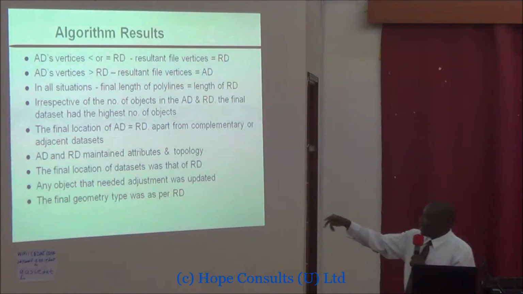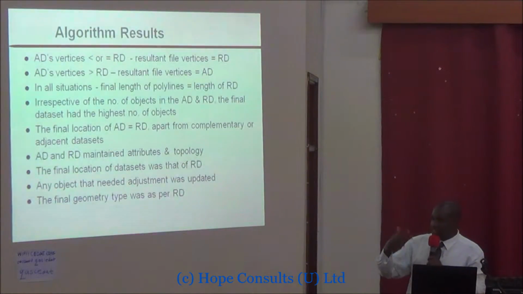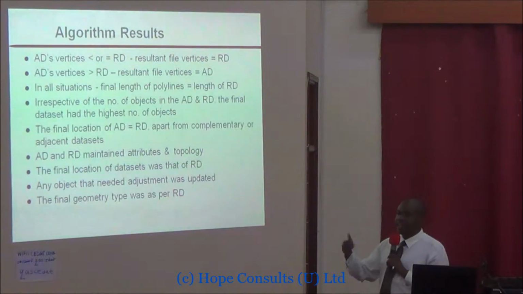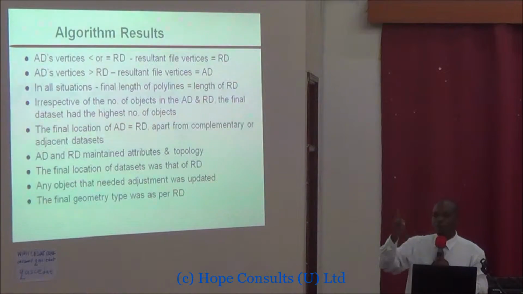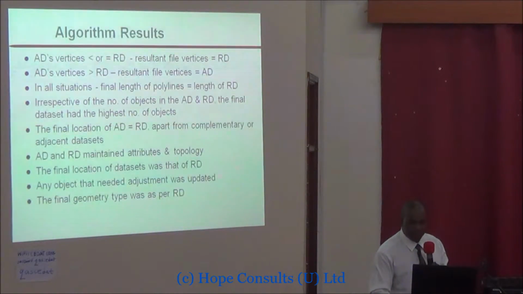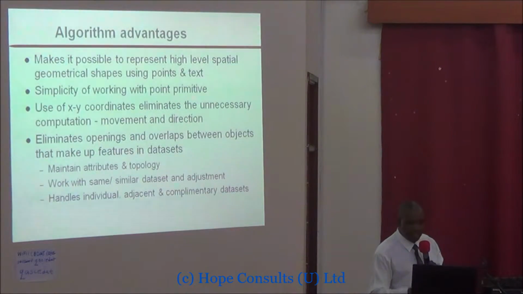When we zoomed further into the different data sets, we saw that only the needed objects, polygons, polylines or points which needed to be moved were moved, and it responded the way we wanted, which was the reference data set.